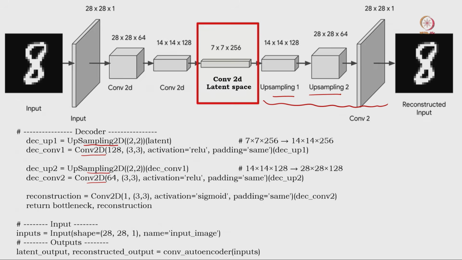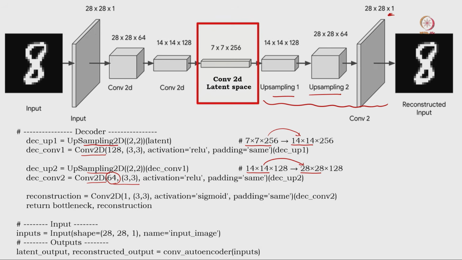So what will upsampling do? It is going to increase the size. Can you see? 7 cross 7 has now increased to 14 cross 14. Then here upsampling 14 cross 14 has increased to 28 cross 28. But the last convolution still has 64 kernels, and ultimately we want to get back to one channel.